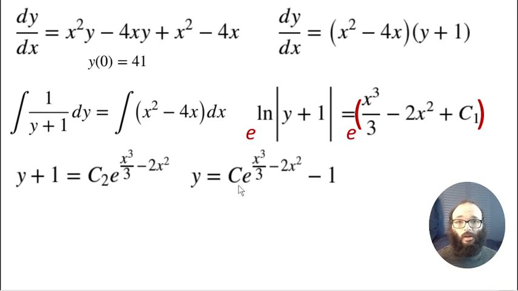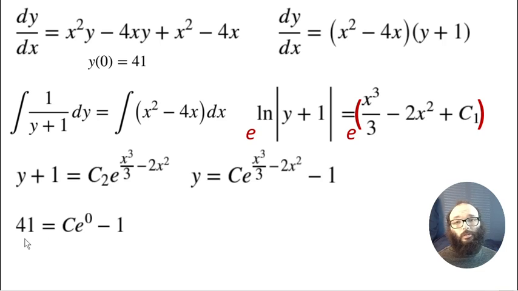Now, if we hadn't been given a y naught value here, then we would be done. But we have. So why not find out what c would be in this case? Well, easy enough. We just plug in 41 as our y value and 0 as our x value.